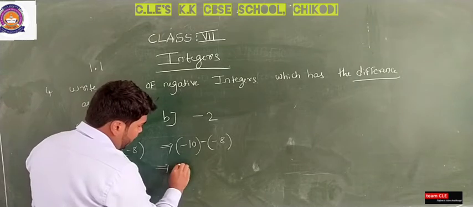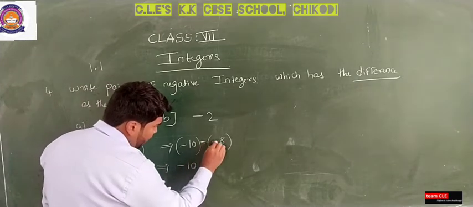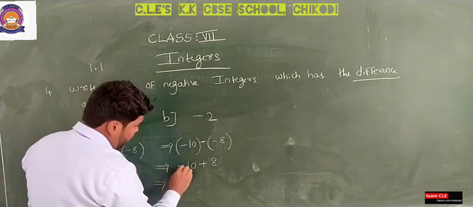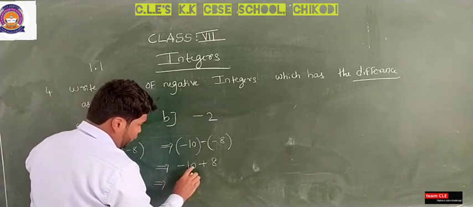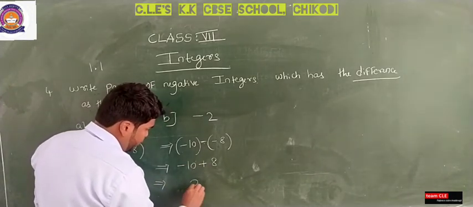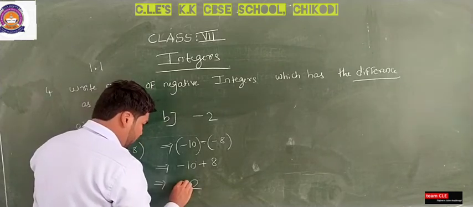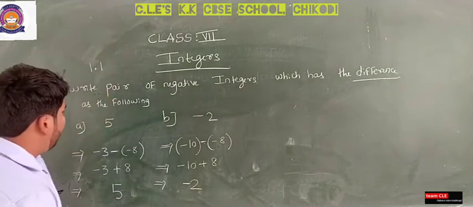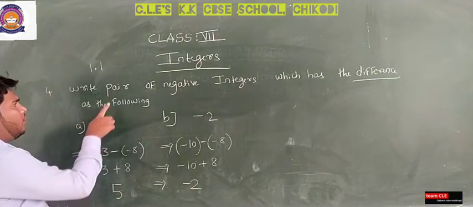First remove the brackets: -10, minus into minus is plus 8, so that is -10 plus 8, which is equal to 10 minus 8, which is equal to 2, and by seeing the greater number's sign we keep the sign. So the answer is -2.